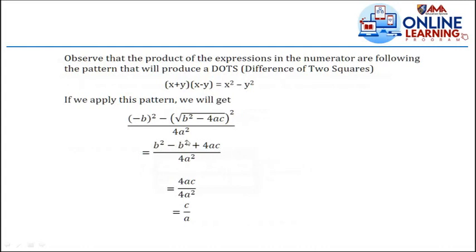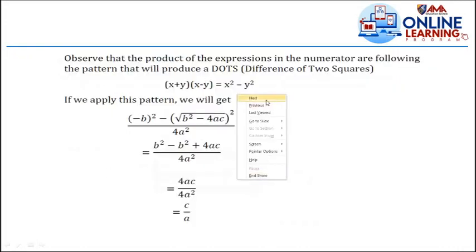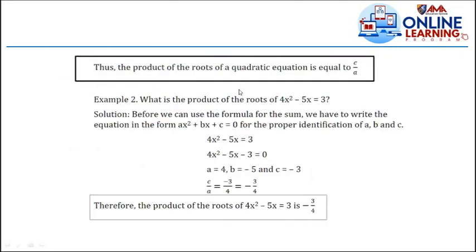Collecting like terms, magka-cancel po yan. What's left will be 4ac divided by 4a squared. So the answer is c all over a. That's now the product of the roots of a quadratic equation. Okay? So the product of the roots of a quadratic equation is equal to c all over a.